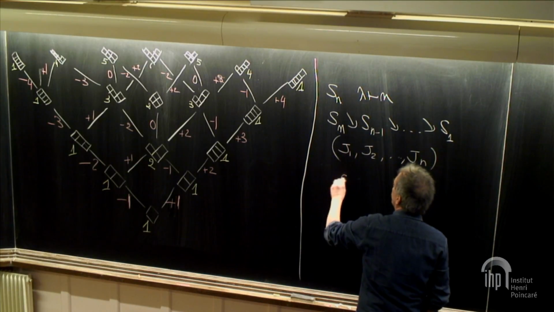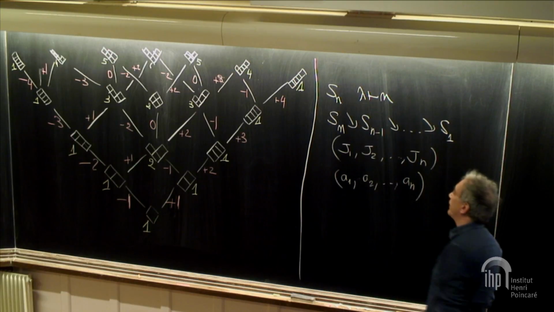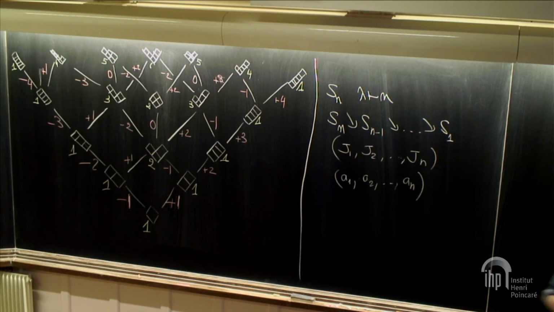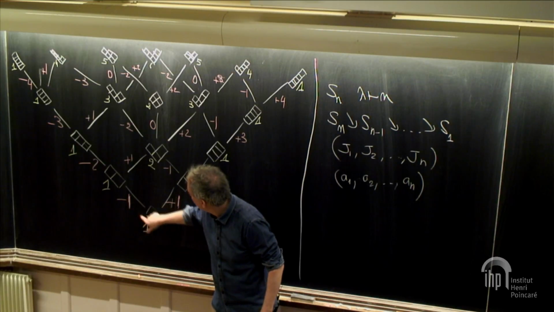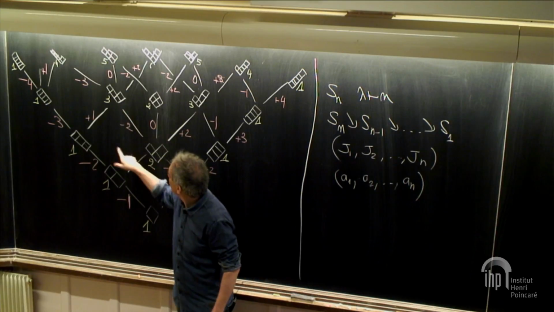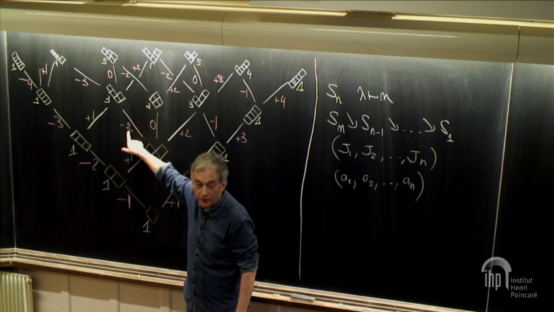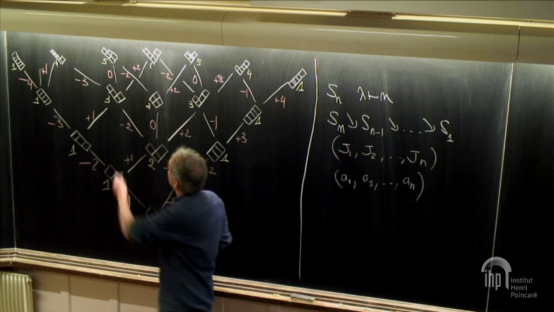So they have a sequence of eigenvalues. And these eigenvalues are just, you look at the path, and for each path you pick up the label. The label between two partitions is just the content of the box that you have added to the partition. So here, for example, I have added this box.